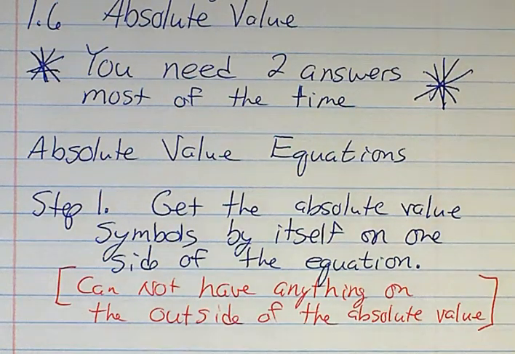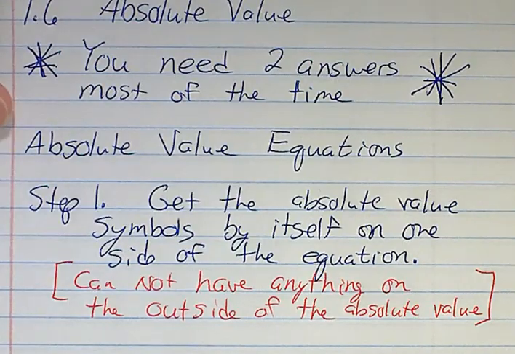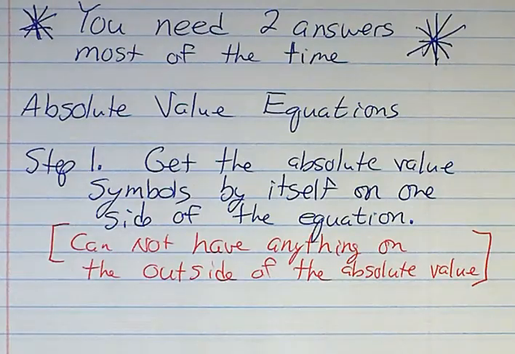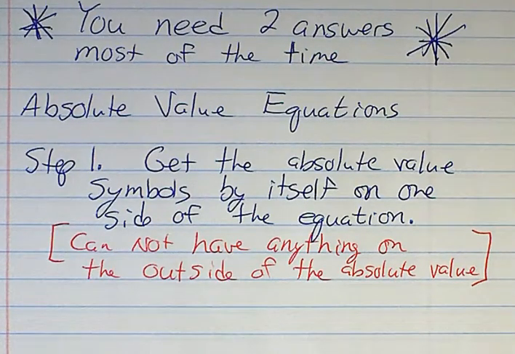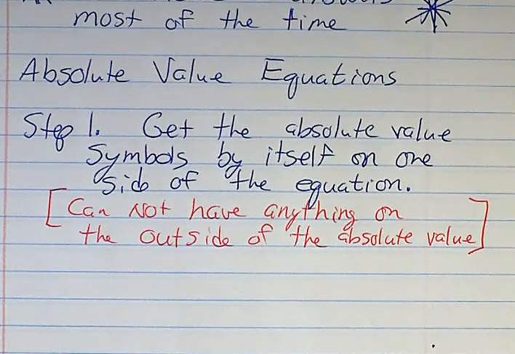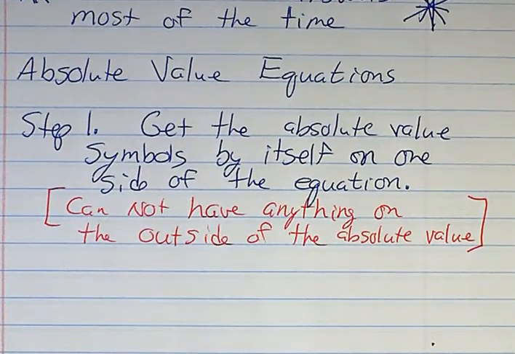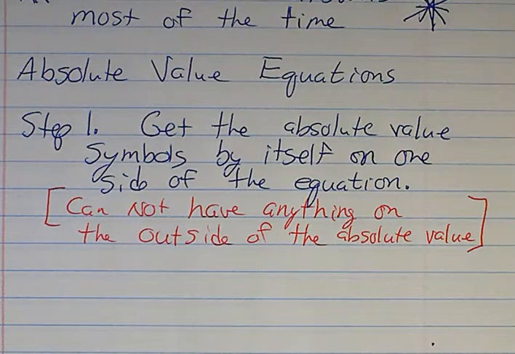Depending on the equations we work with, you may have some things on the inside, and that's when we'll do step 2 to get rid of that part. But when we're getting the absolute value symbols by itself on one side of the equation, that just means everything on the outside of that absolute value, you've got to get rid of it. You may have to add it, you may have to subtract it, there might be a little bit of division in there, but the key thing is that everything outside of that absolute value symbol is gone, so that all we've got is just the absolute value symbols and whatever's on the inside of it.